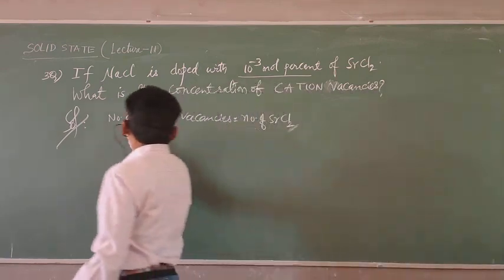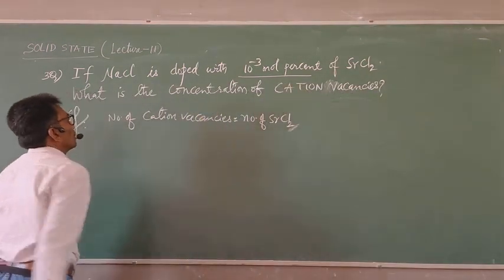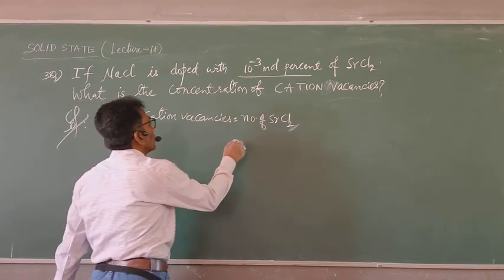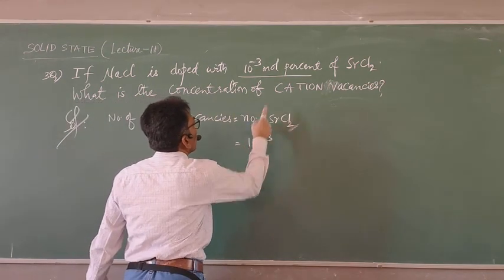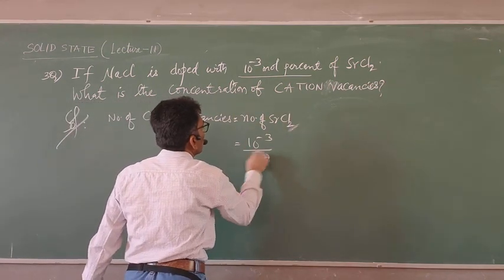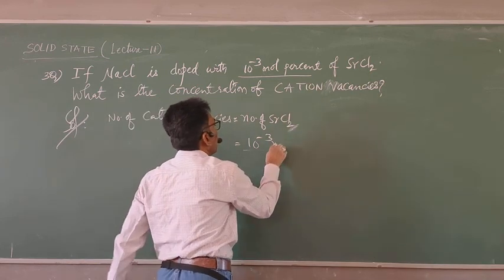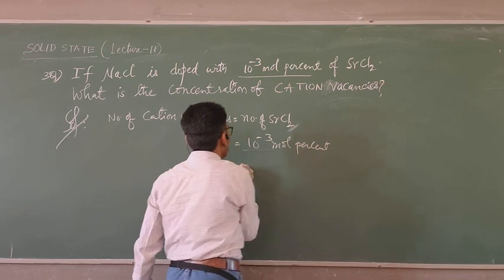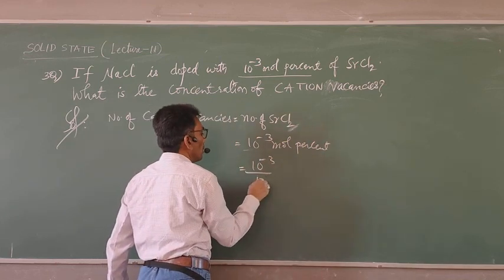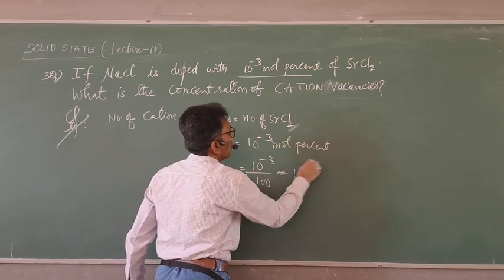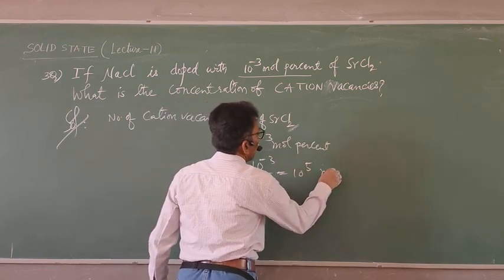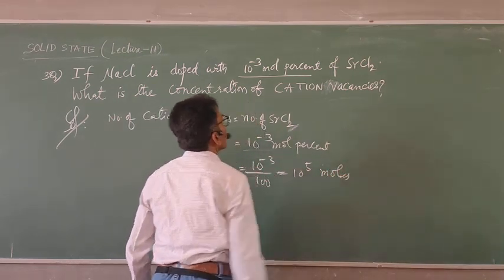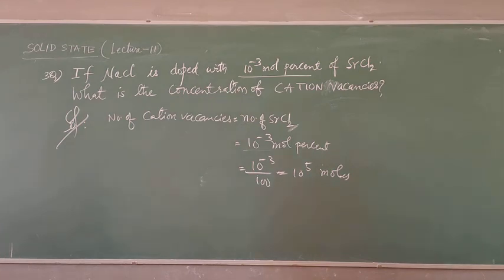Then based on this idea, take that one: 10 to the power minus 3 mole percent by 100. That is equal to 10 to the power minus 5 moles of concentration.